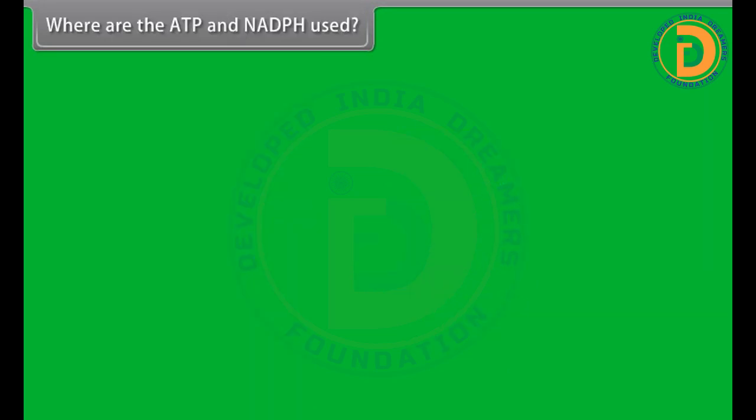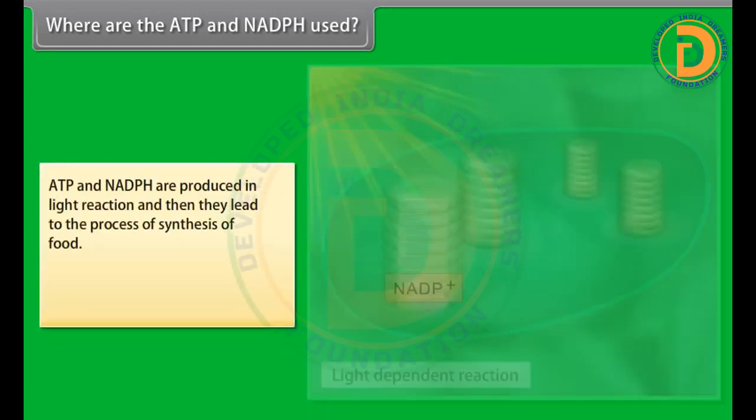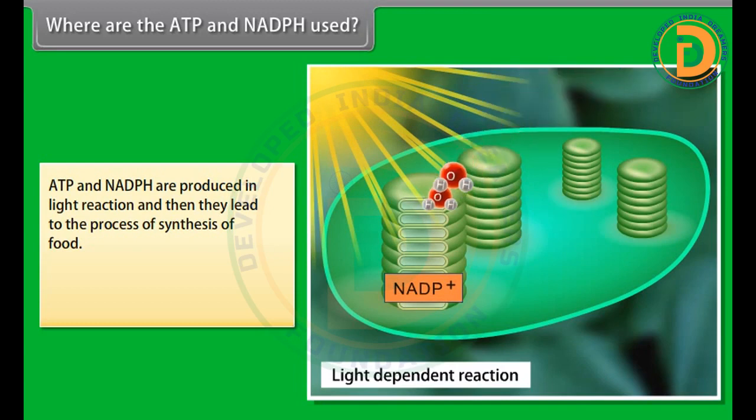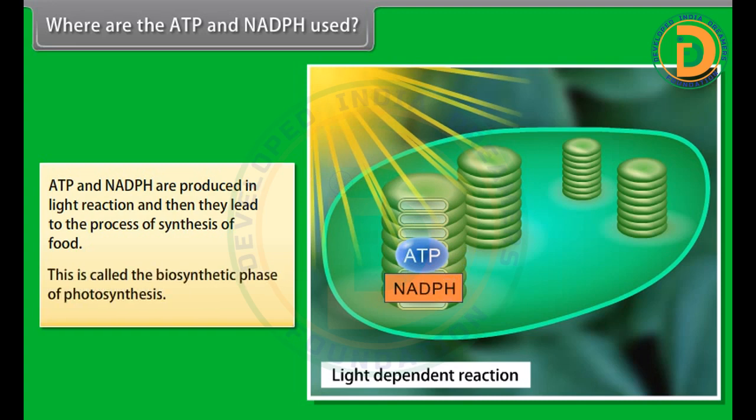Where are the ATP and NADPH used? ATP and NADPH are produced in light reaction, and then they lead to the process of synthesis of food. This is called the biosynthetic phase of photosynthesis.